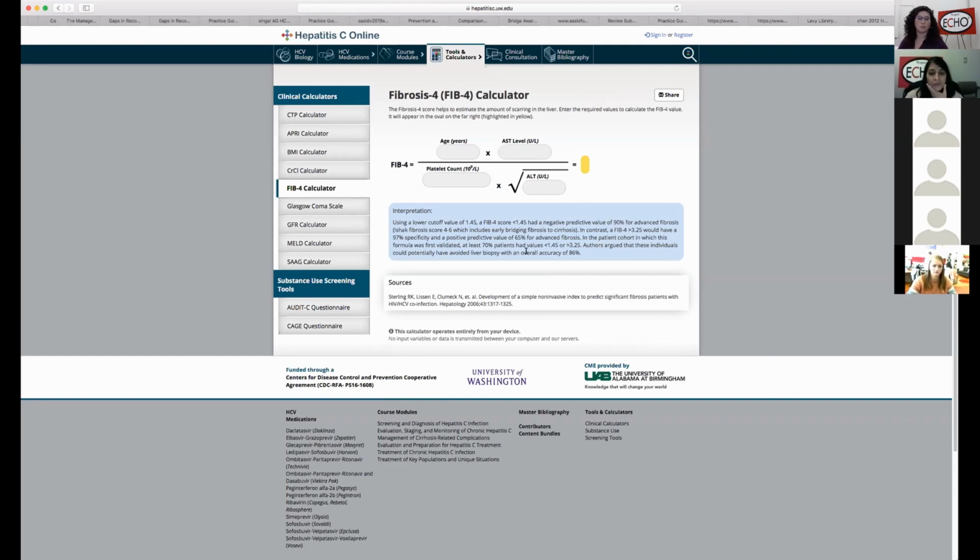Values in between are very difficult to interpret. These tests are really helpful for delineating who might have very advanced liver disease versus very minimal liver disease, but they don't tell us who might be stage 1 or 2 on that scoring system. So there are some limitations, but it's good to know about the resources.